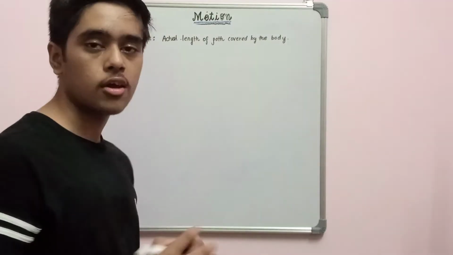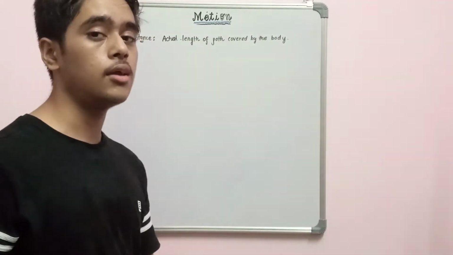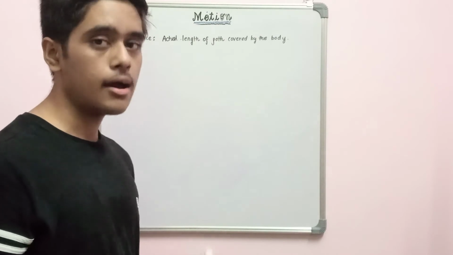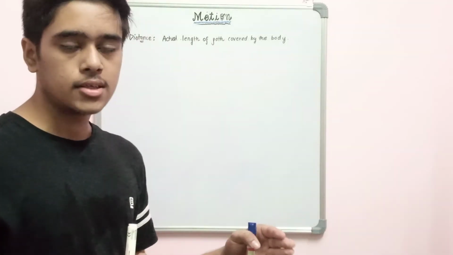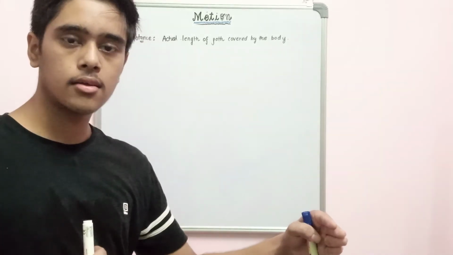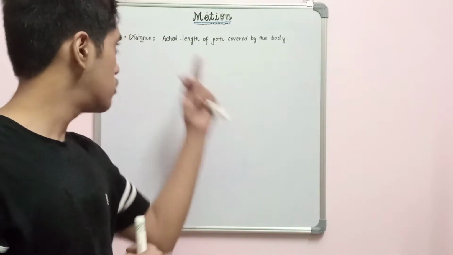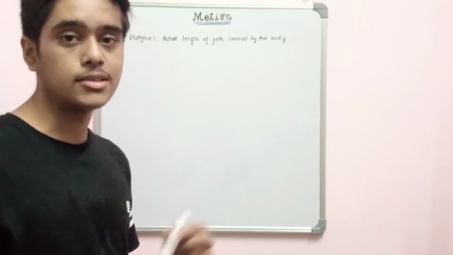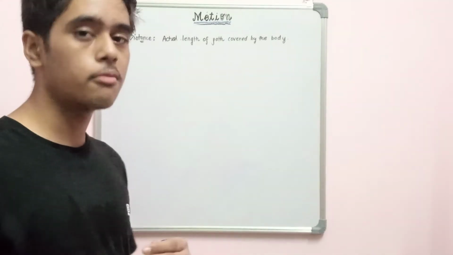So see, if I am walking from a point A to a point B, I am covering some distance. I am covering some length of the path on which I am walking. So that is actually distance. Distance is the length of the path covered by a body.